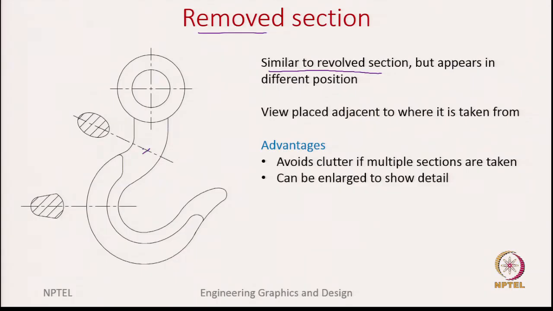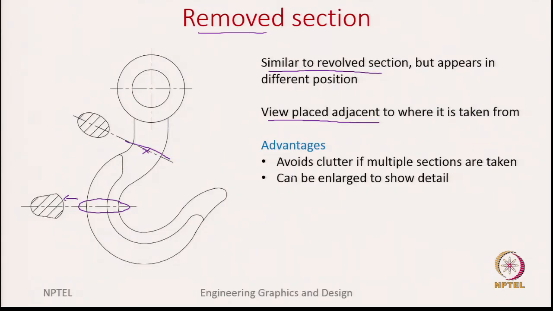So, previously it was placed here, but now we are moving it a little away such that it does not interfere with the object. So, views are placed adjacent to where they are taken from. The first one is taken from this position, so it is positioned next to the cut line, and similarly here this is the position where you are taking it from, but you show it here next to where it is sectioned.